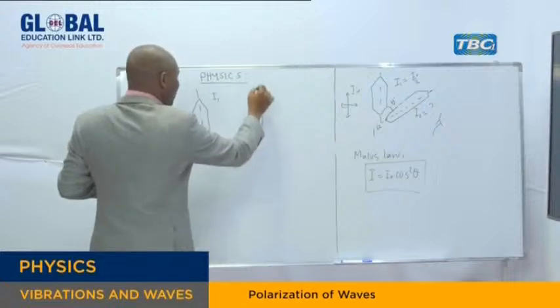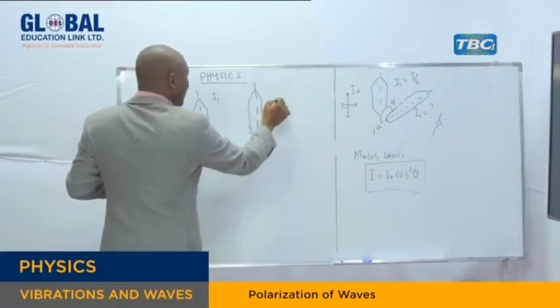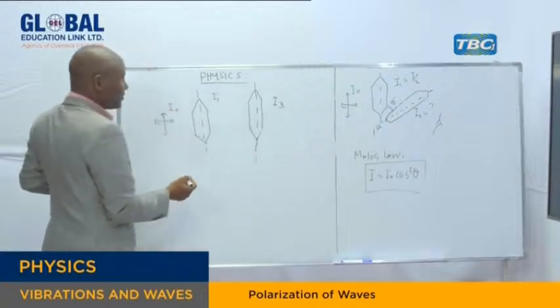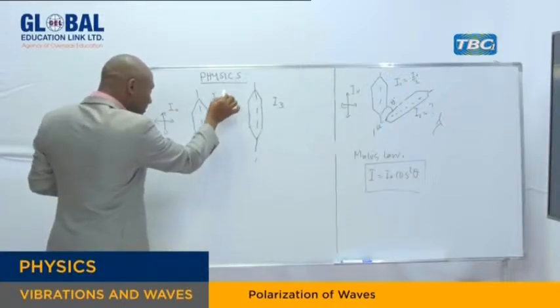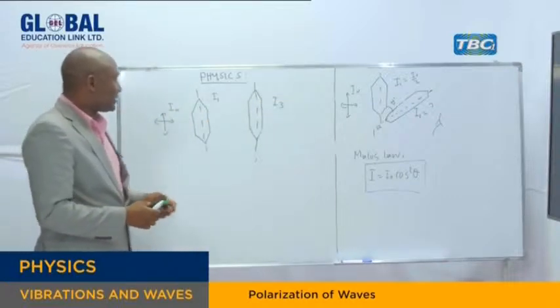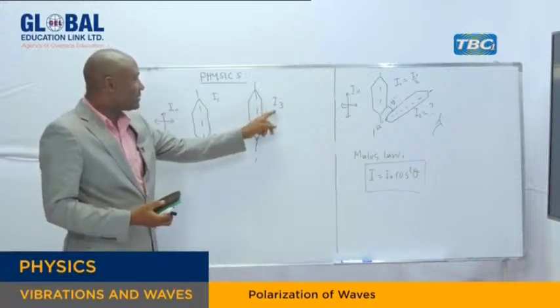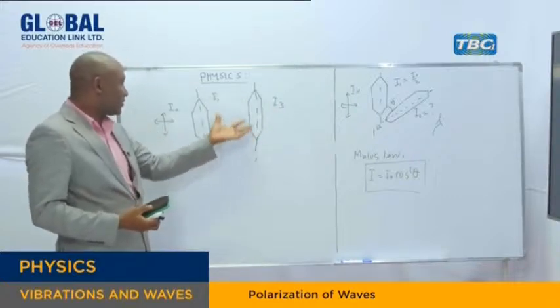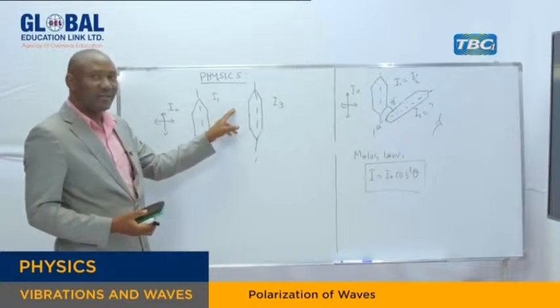Our previous discussion was this, parallel. I'm getting the same answer. This is I3. So Malus is talking about the angle between the two axes, the intensity of the light transmitted through the second polarizer from the first. So starting from here, you should know how much of the intensity of light is here.